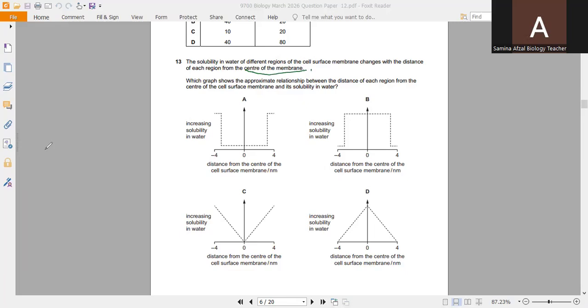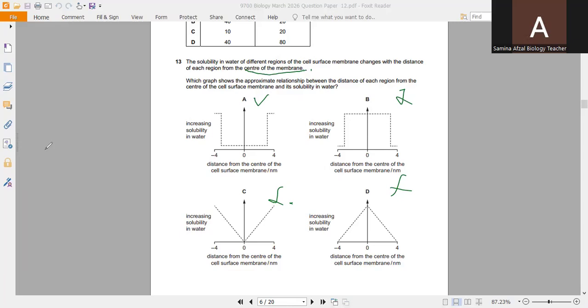So which graph shows the approximate relationship between the distance of each region from the center of the cell surface membrane and the solubility in water? So according to the statement which they have given, I would like to say that only graph A is the correct one. B, C, and D are not correct.